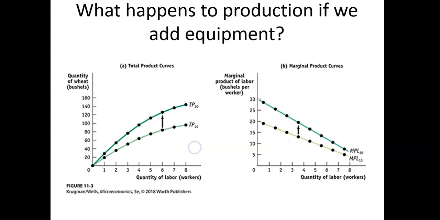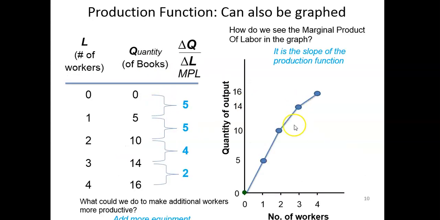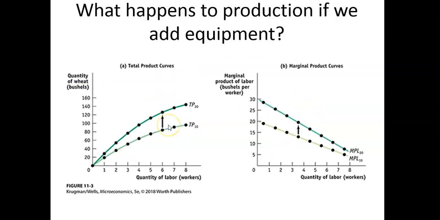Right? So that concept is talked about in the book, in figure 11.3, which basically says, hey, my production function, they call it a total product curve, same thing that we just drew here, production function. If we add equipment, we can shift that production function up.